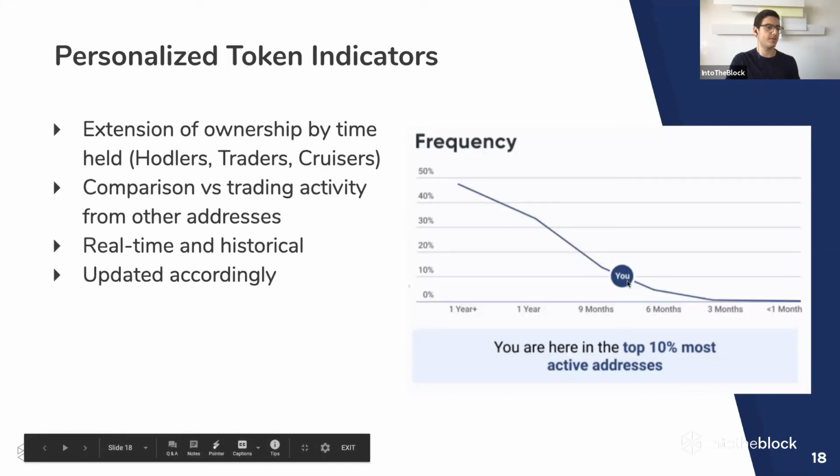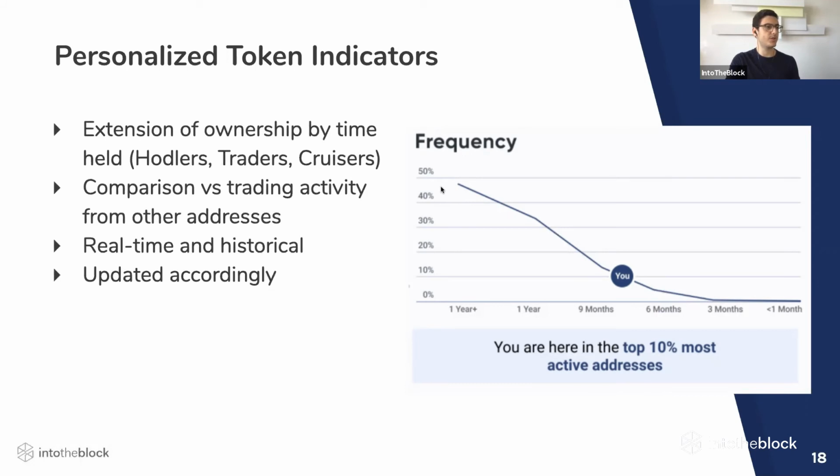Right now you can see this information is based on the Bitcoin blockchain. Of course, it's just a demo of what we will be shipping at the end. But most addresses are actually hodlers, having held for more than 1 year.